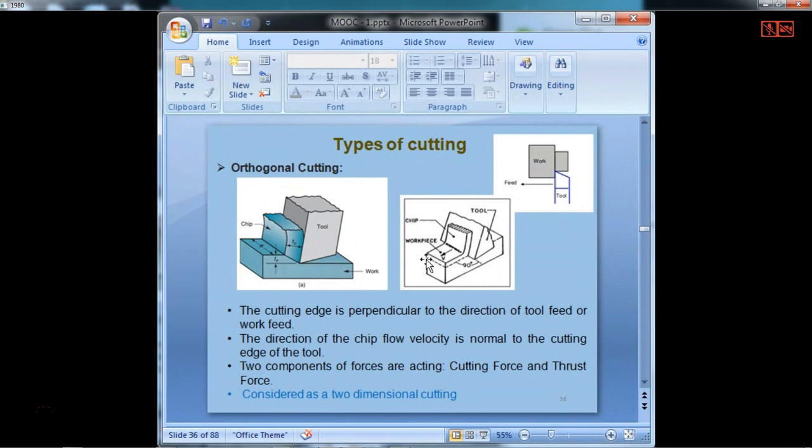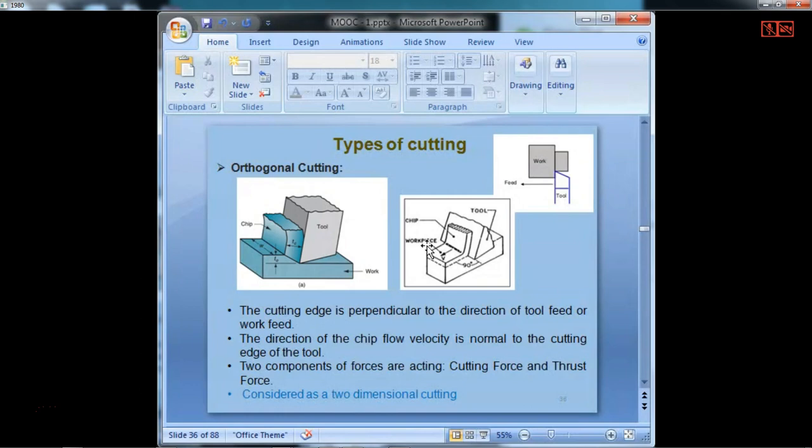Now how do you define orthogonal cutting? I think you would have studied engineering drawing, so you know what ortho is. Ortho means 90 degrees or perpendicular. So what is 90 degrees here? If you draw the axis of the workpiece, and then you see the cutting edge and how it is moving, they are at 90 degrees to each other.